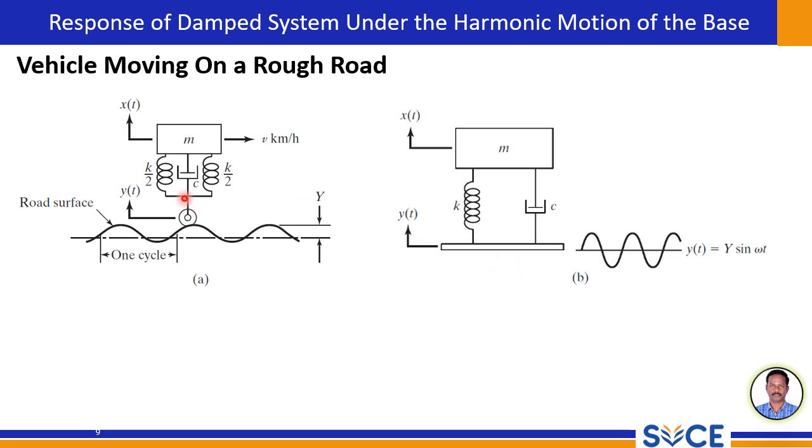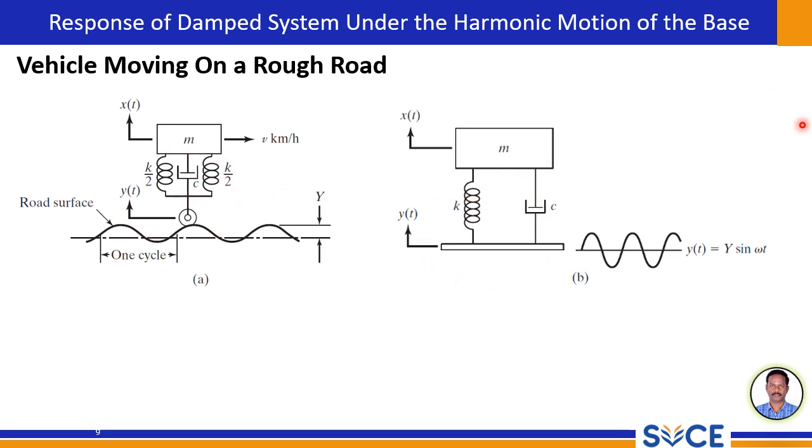Here we have the mass M connected to a single spring with a stiffness K and a damper with damping coefficient C. This represents a simplified model of the vehicle suspension system where the two springs in diagram A are combined into a single equivalent spring.